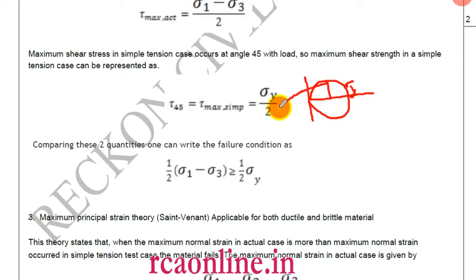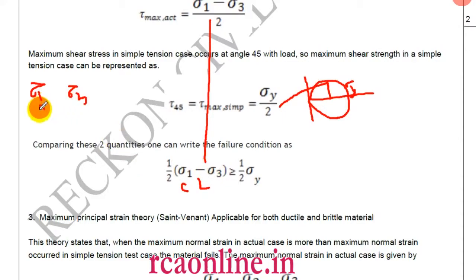So when will the failure take place? The failure will take place when half of sigma 1 minus sigma 3, which is the maximum shear stress in complex loading, is greater than the maximum shear stress in the simple tensile test, sigma y by 2. Now it is important to understand that sigma 1 and sigma 3 must be of the same nature, then only we will have the minus.